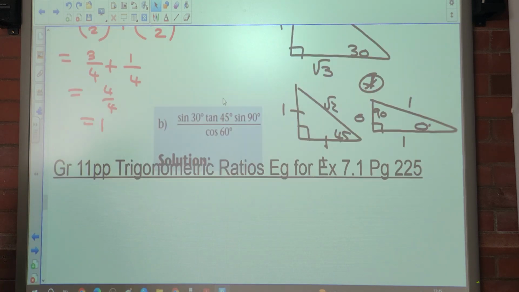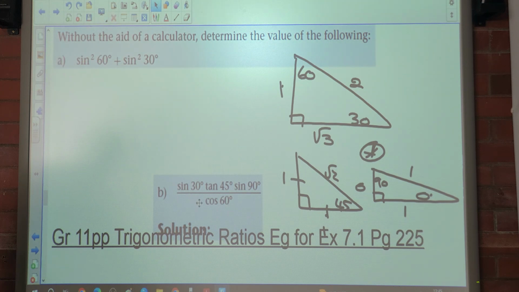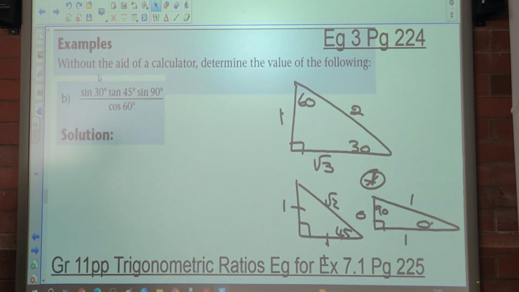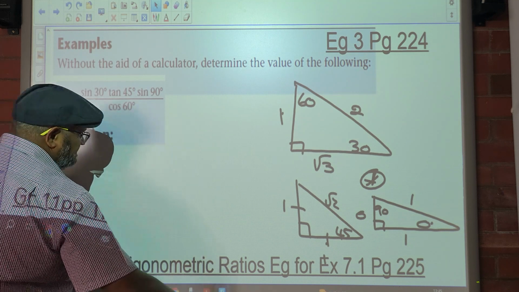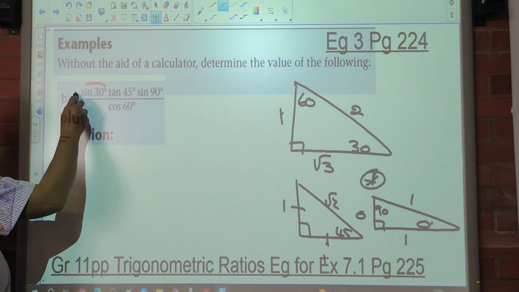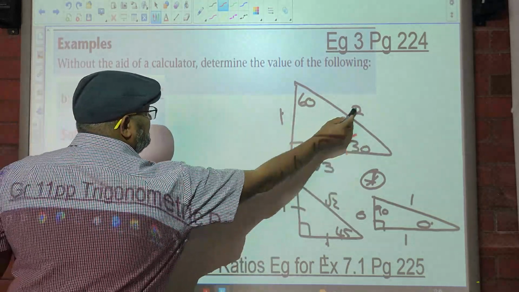B. Again, without the aid of a calculator, determine the value of the following. So sine of 30. Sine is opposite over hypotenuse.